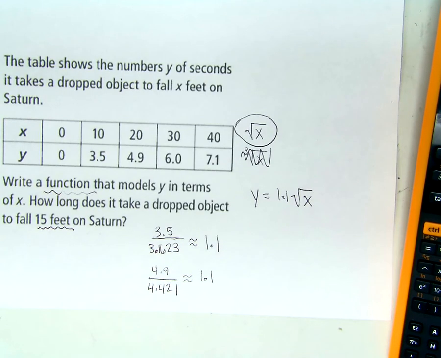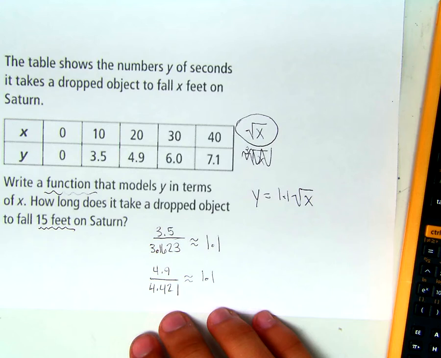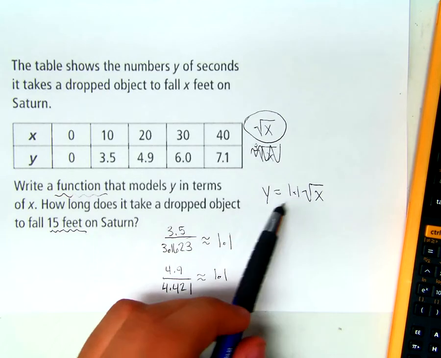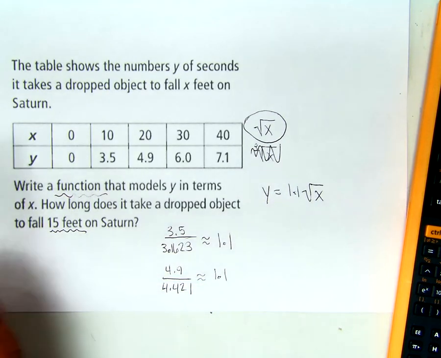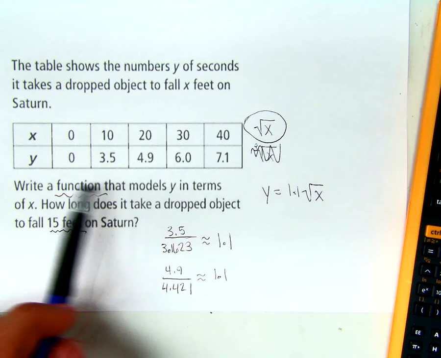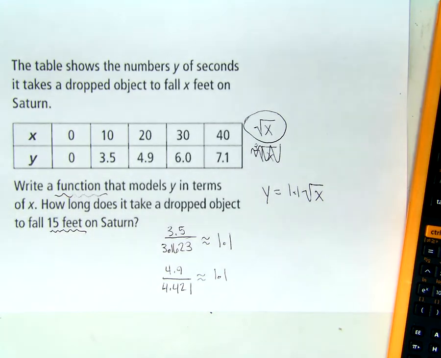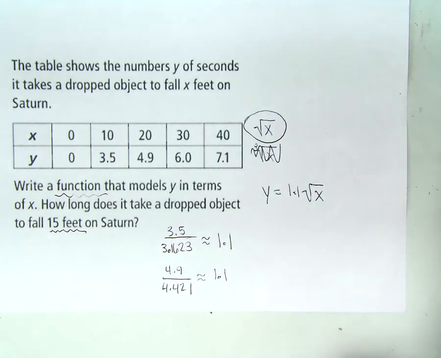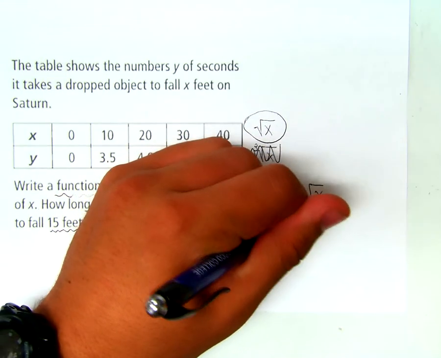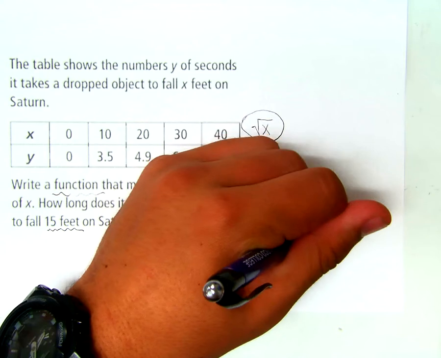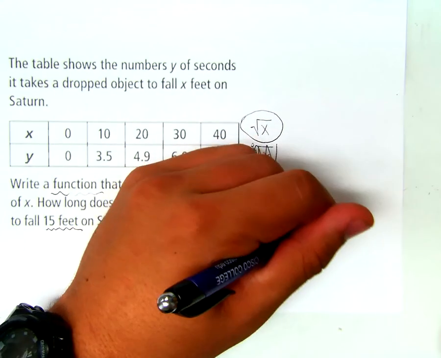We just found the function that models this set of data. So now all we have to do is plug in 15 to the equation and solve. It'll be y equals 1.1 times the square root of 15.